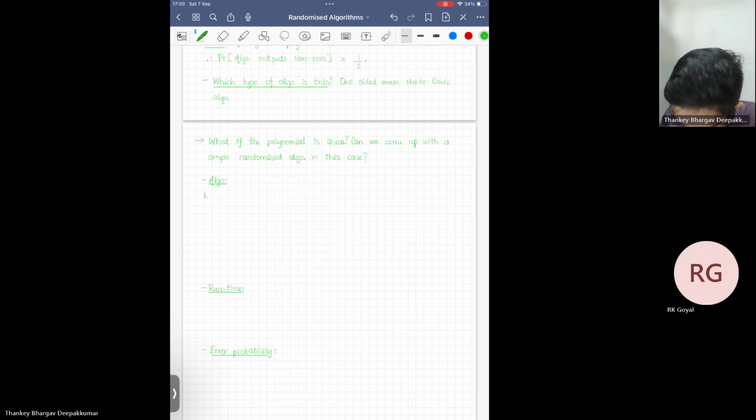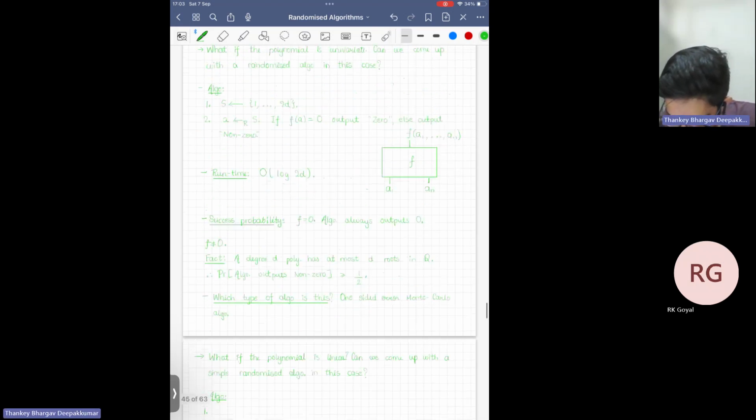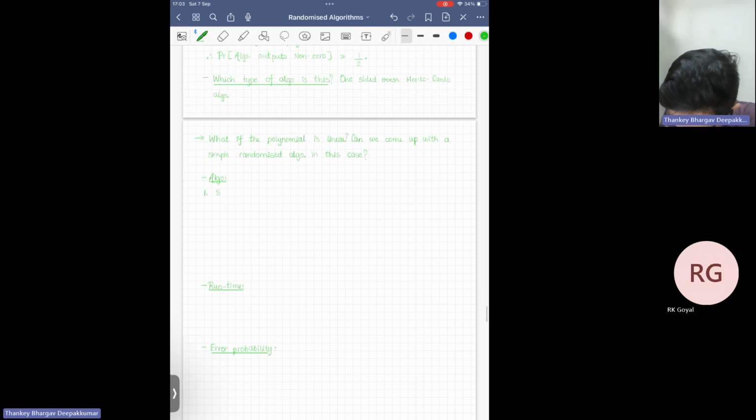Again, the algorithm is the same thing. I fix S first. In this case, I can get away with {0, 1}.